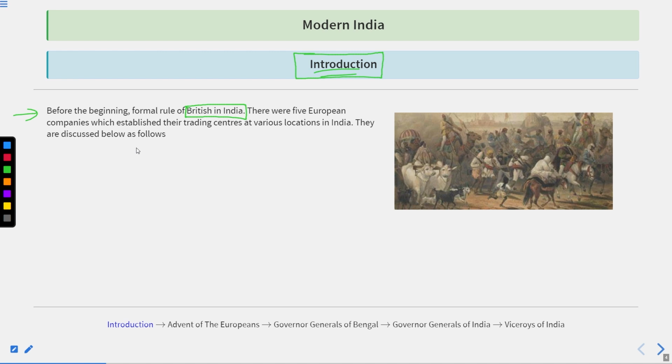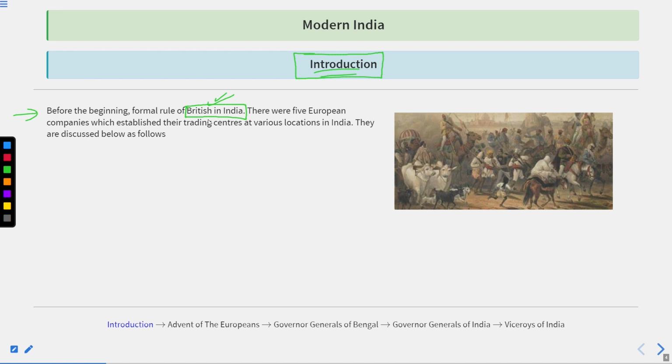Because the Britishers ruled India for more than 200 years. Because of this large span of ruling, they made significant changes in Indian economy, in Indian administration, in Indian military and all. Also, their work has been continued by some of the departments of the government of India even after independence.